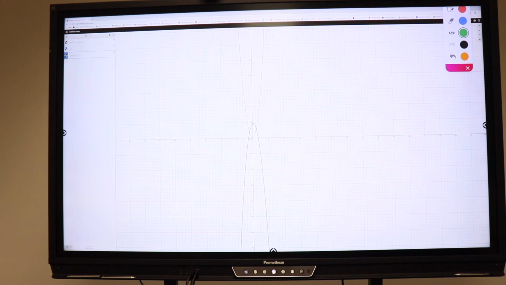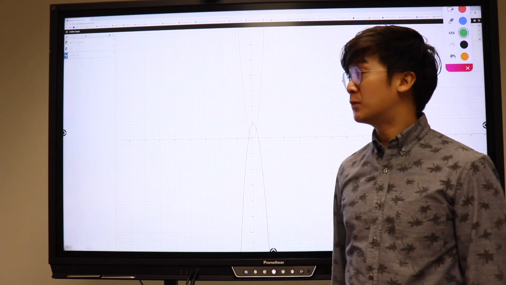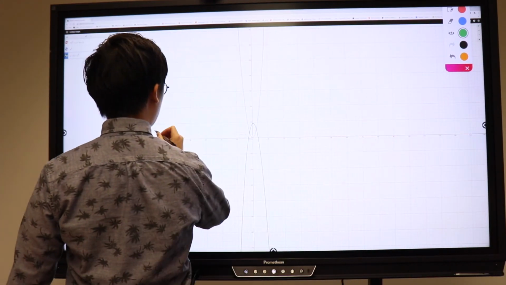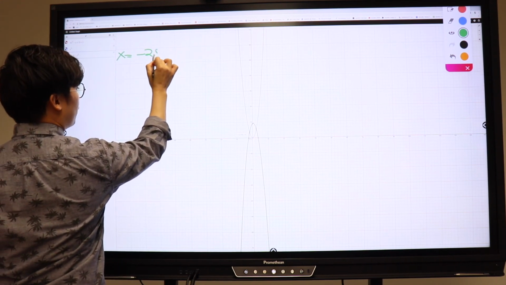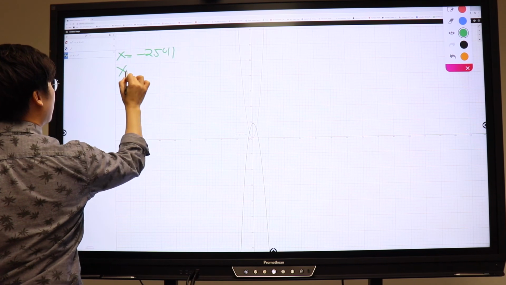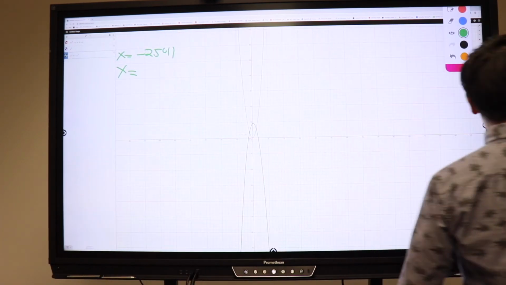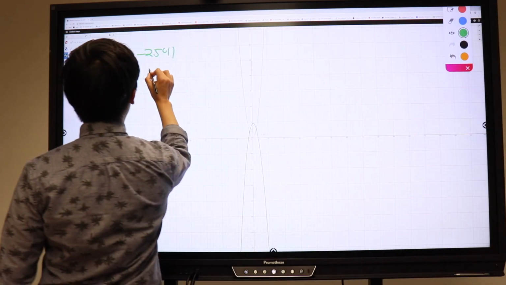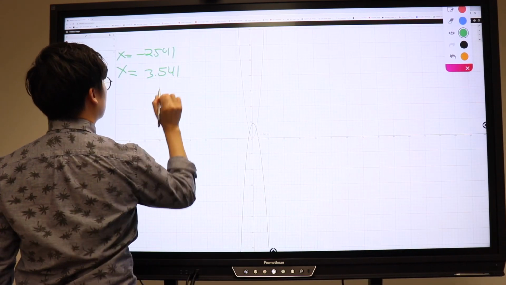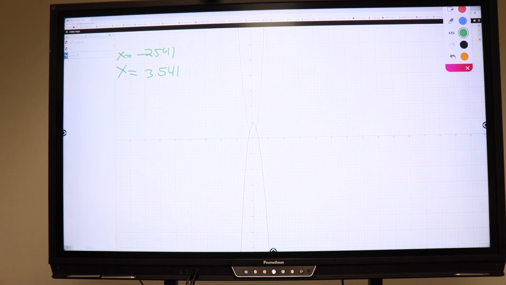And you will see two solutions, two ordered pairs. So in this one, x is equal to negative 2.541. And the other one is going to be 3.541. That's how you find your solution using your Desmos.